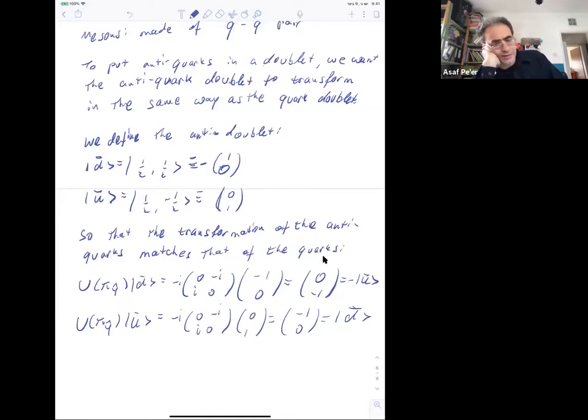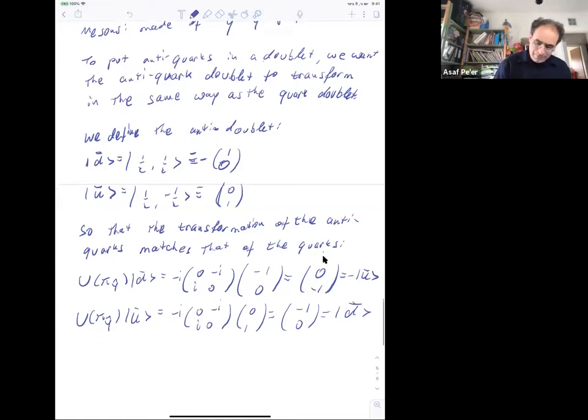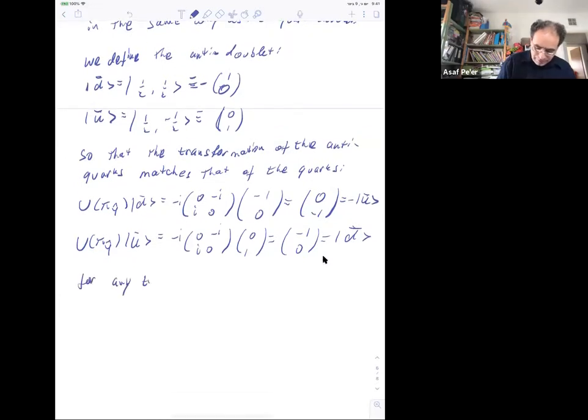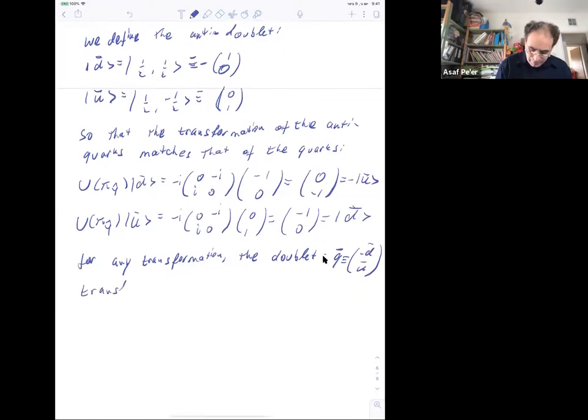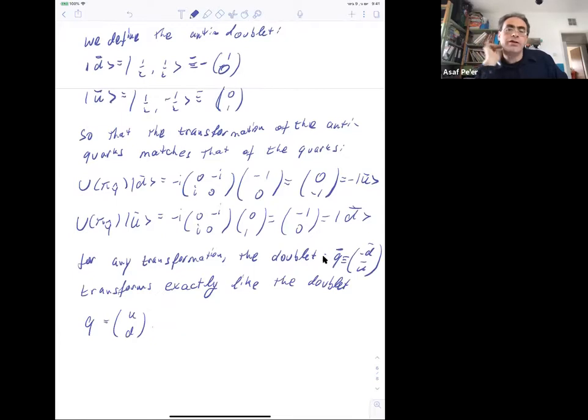But this definition ensures that any unitary transformation that I make, not just by pi along the y direction, but by any angle along any direction, the anti-doublet, minus d, u, transforms exactly like the doublet Q. Not sure that you can see it right away from this definition.